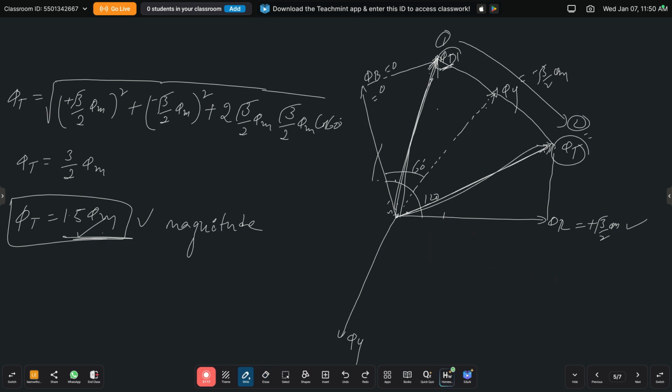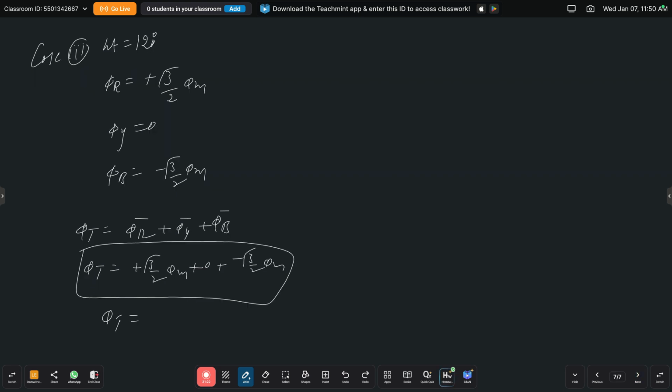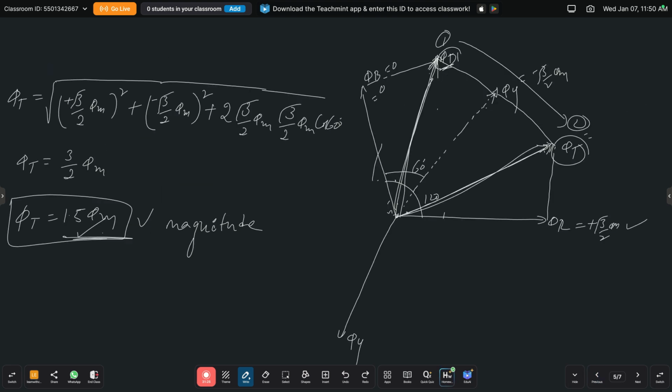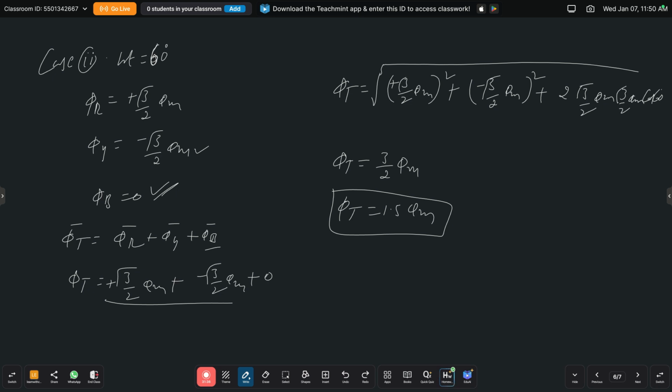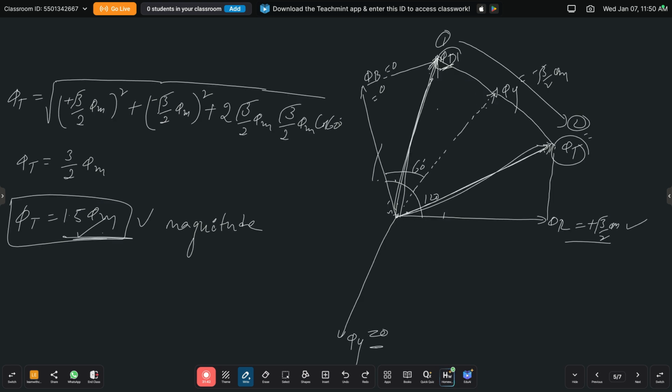Pi y is 0 here. Pi b is the negative value, so minus Pi b. Now take the vector sum of Pi r and Pi b.